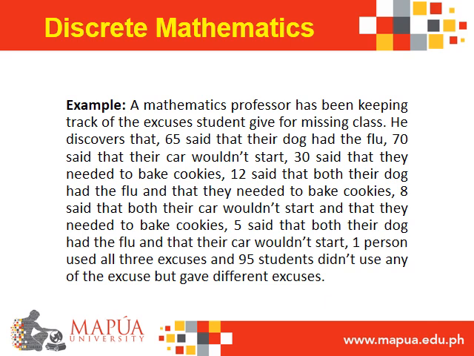He then discovers that 65 of them said their dog had a flu, 70 of them said their car would not start, 30 of them said they needed to bake cookies, while 12 said both their dog had a flu and they needed to bake cookies. 8 said both their car would not start and that they needed to bake cookies. 5 said both their dog had a flu and their car would not start, while one person actually used all 3 excuses. And it was found that there were 95 students who did not use any of these excuses, but actually gave a different excuse.